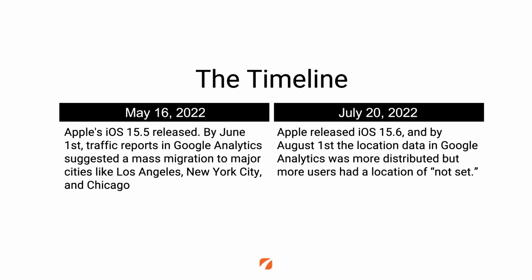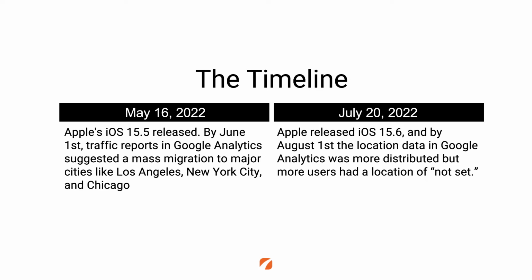Then again, there was an additional update, iOS 15.6, that happened on July 20th. And by that first week in August, what we saw is two specific changes. One, there was a little bit less concentration of users in the big cities. We saw a more regular-appearing distribution, although still very clearly not reliable or accurate.